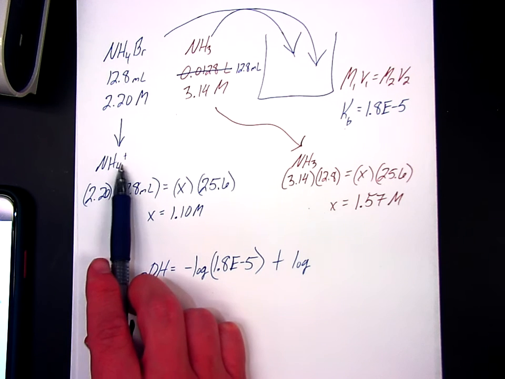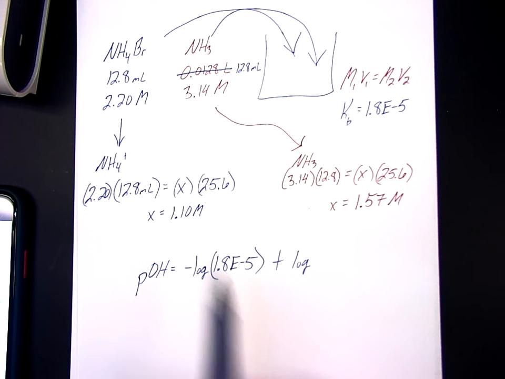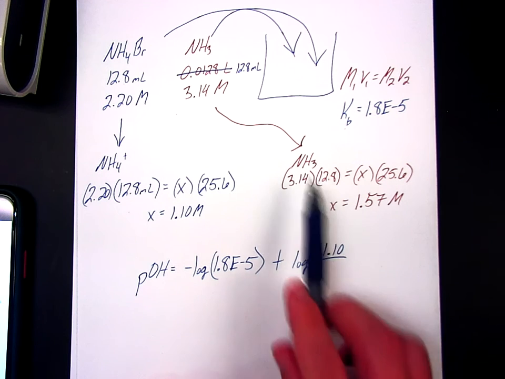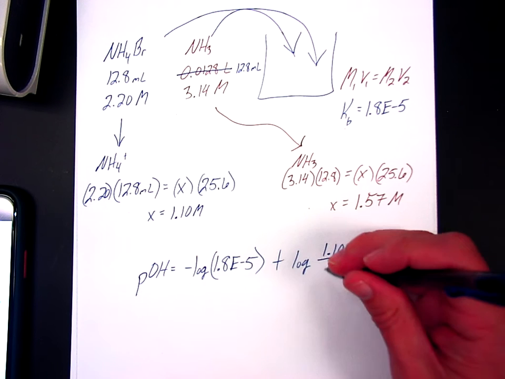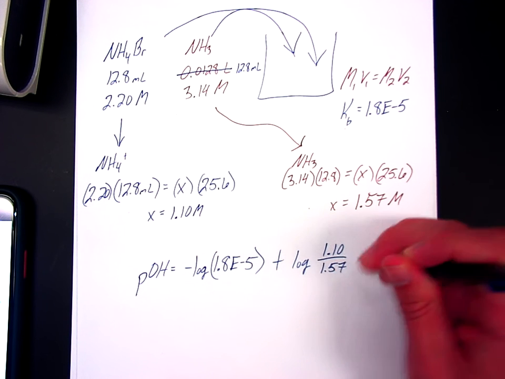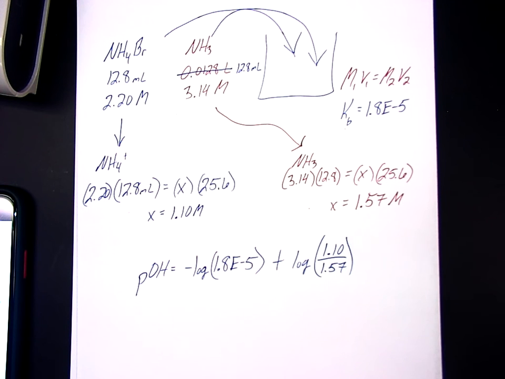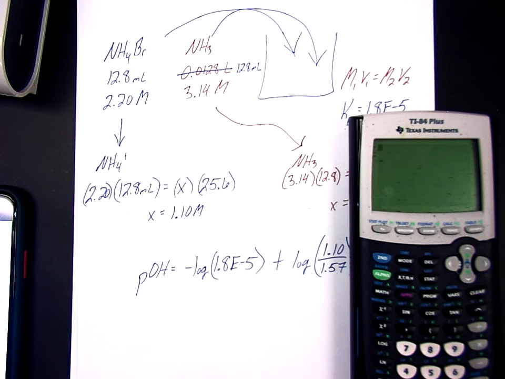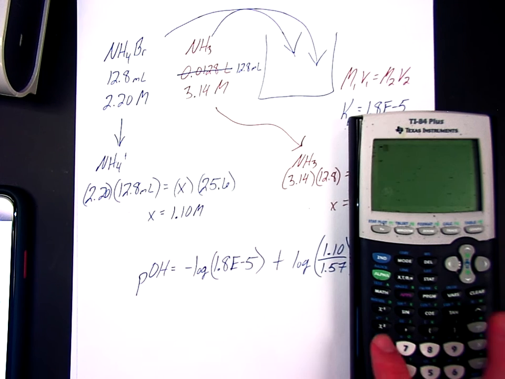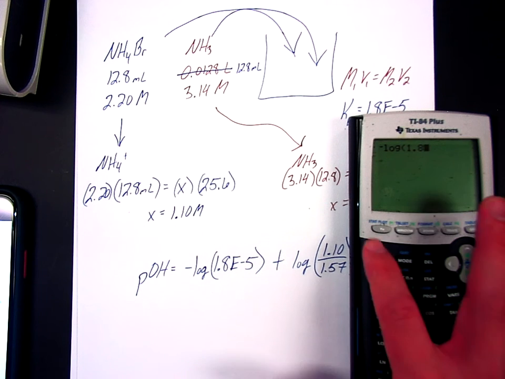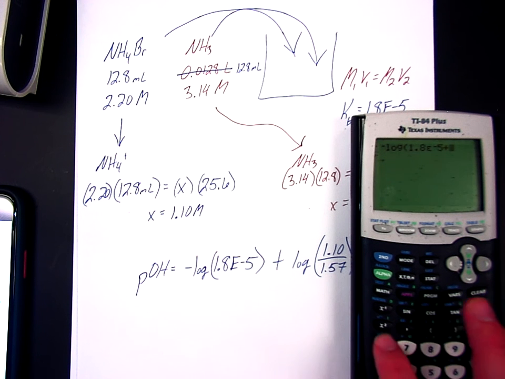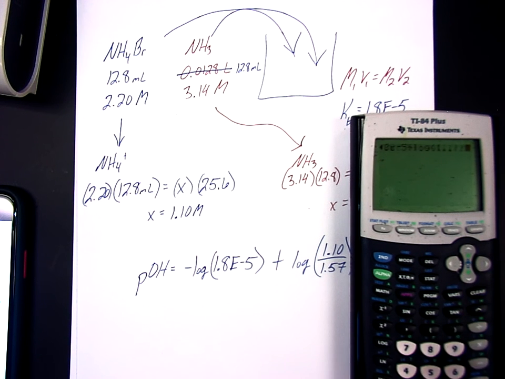So there's the ion, and there's his value, 1.1. Here's the weak sample, there's his value, 1.57. So we can plug here and go negative log of 1.8 E negative 5 plus the log of 1.1 over 1.57.